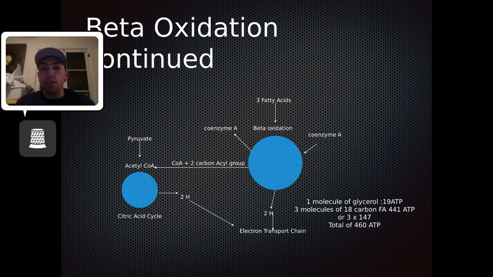With beta oxidation, we can also combine that with glycerol, and glycerol can enter glycolysis without having been converted into glucose, and therefore can be recycled for energy.